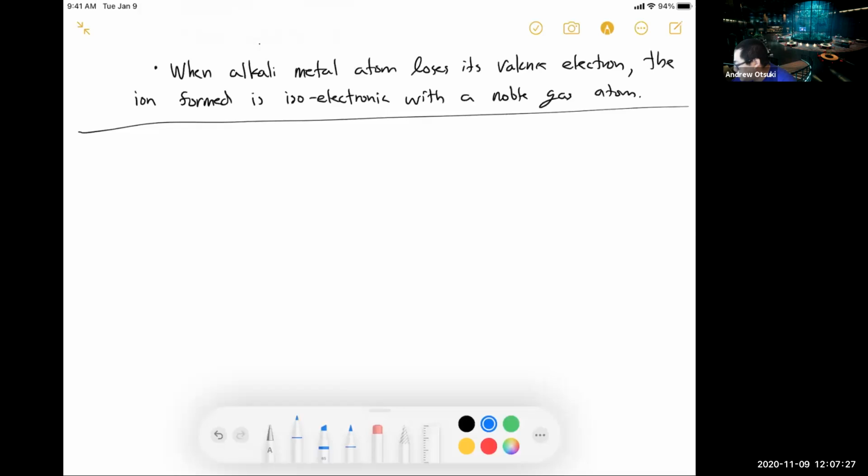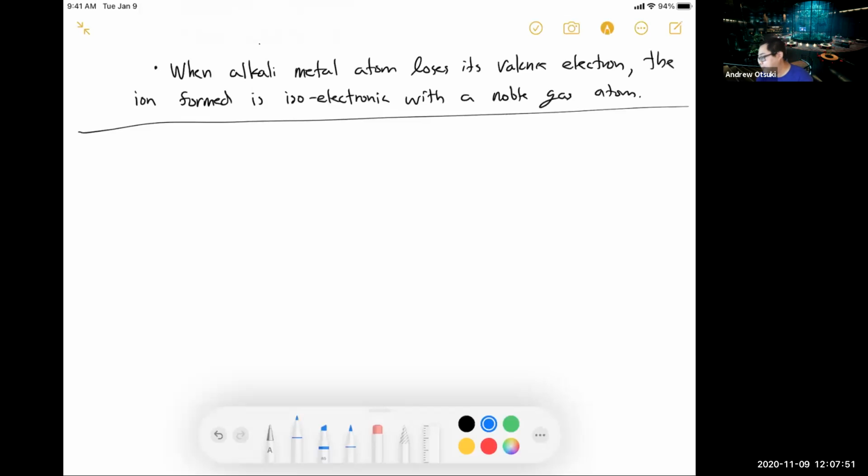So alkaline earth metals. If we go to Wikipedia, we can see that the alkaline earth metals are named after their oxides.